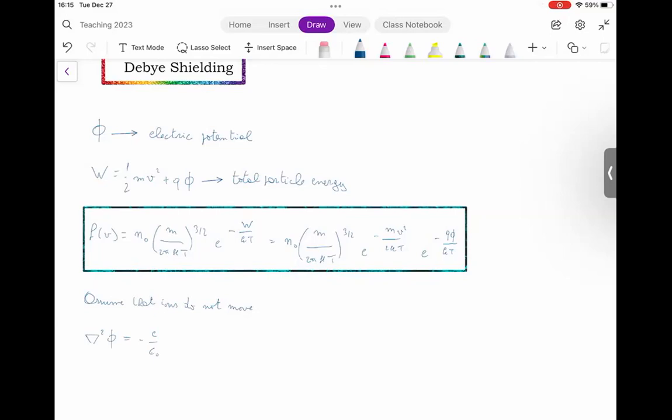Del square of phi is going to be equal to minus e, the electron charge, I'm going to assume that ions are singly charged, divided by epsilon 0 times the difference between the number of positive charges and the number of negative charges, or rather the number of ions and the number of the electrons.